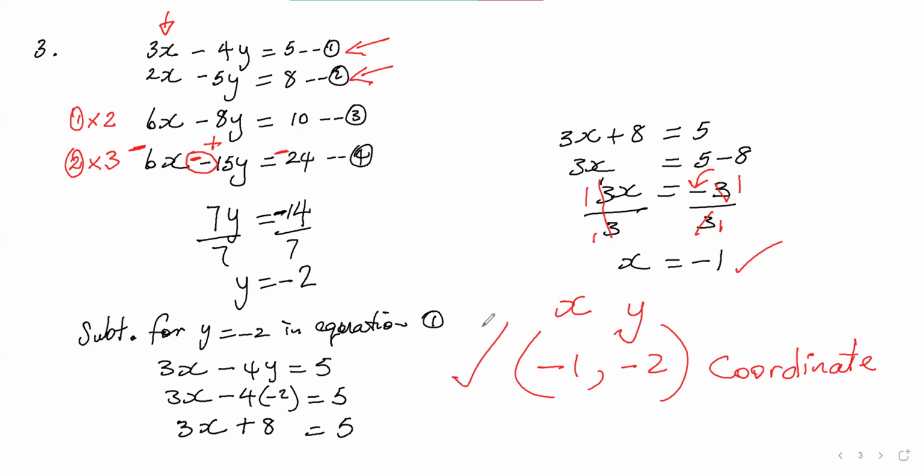This coordinate, the value of x and y, in a simultaneous equation, it's actually two lines, and it represents where the two lines intersect. All right, you heard it here. I can't say you heard it for the first time, but you should have heard it before. All right, people. So we're moving on to changing the subject of the formula.